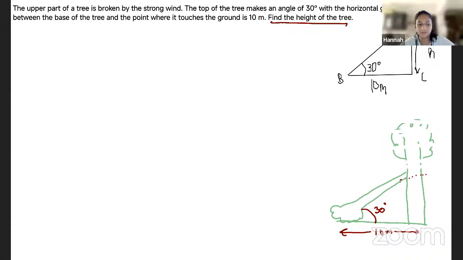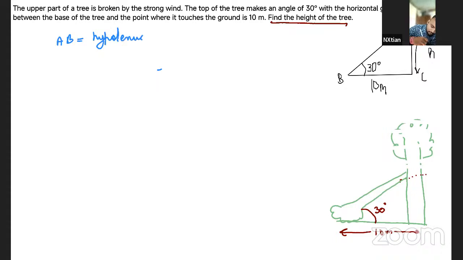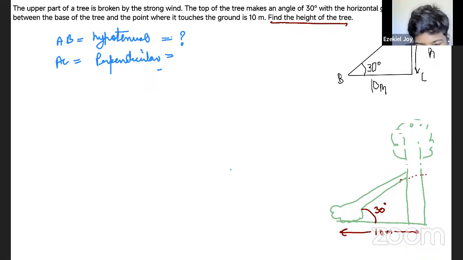AB is the hypotenuse. So how much you got? I calculated the perpendicular first, then I got 10 root 3. Sir, we can use cot for this one, right?